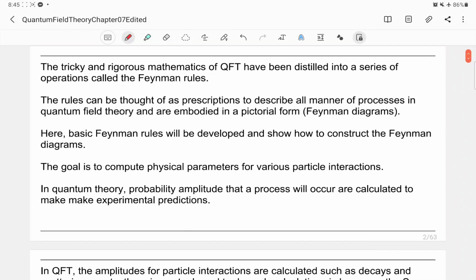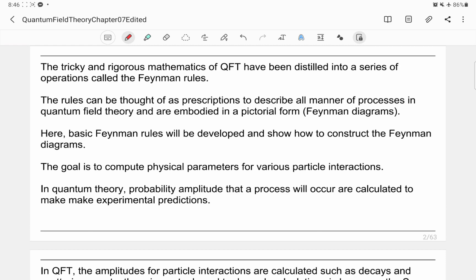In quantum field theory, the mathematics is not really difficult if you have good foundations, but it is very tricky and rigorous. However, Feynman knew very much of QFT, so he invented what we call Feynman rules.